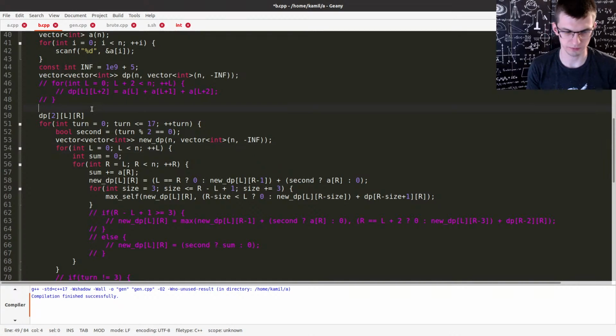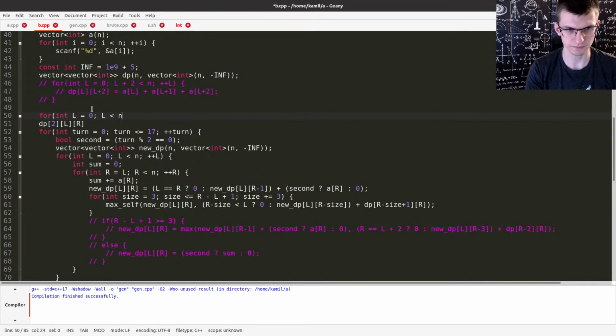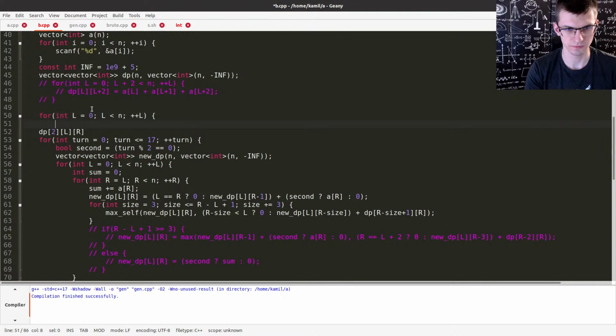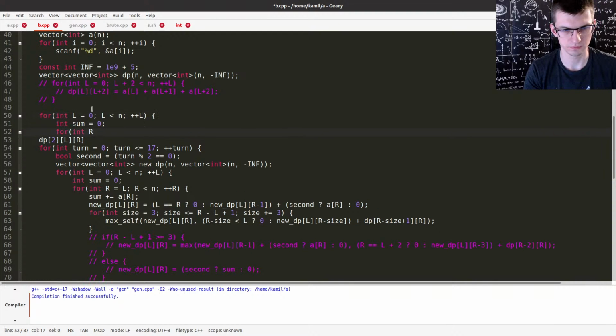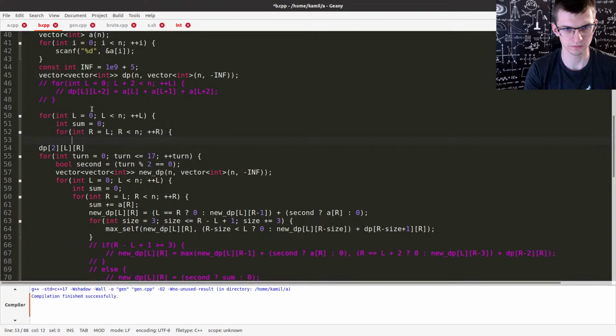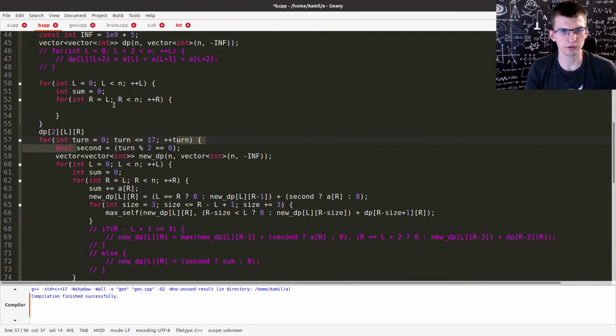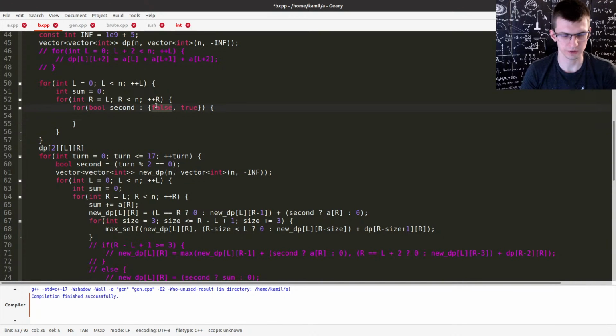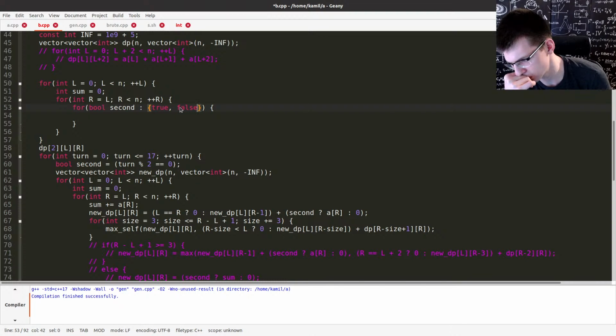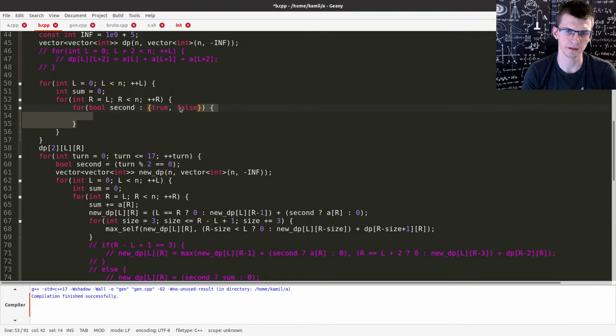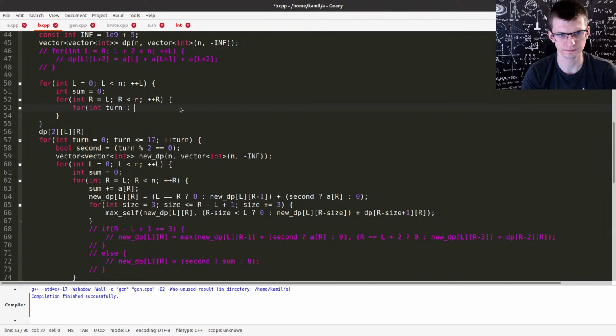So we do mainly this. Right? Now, second is that I will iterate over the turn. It's 0 or 1. No, it's first true, then false. Actually, for each of them, I need to do something.